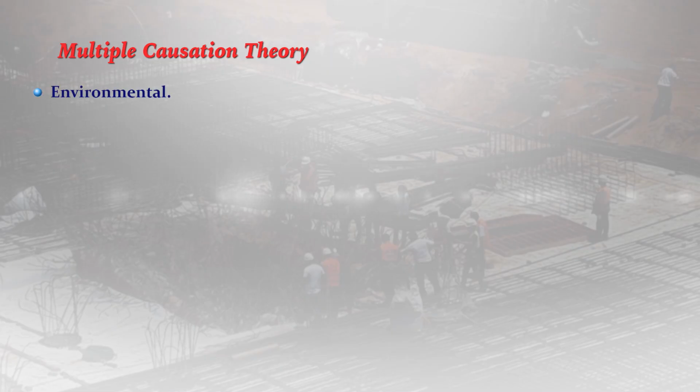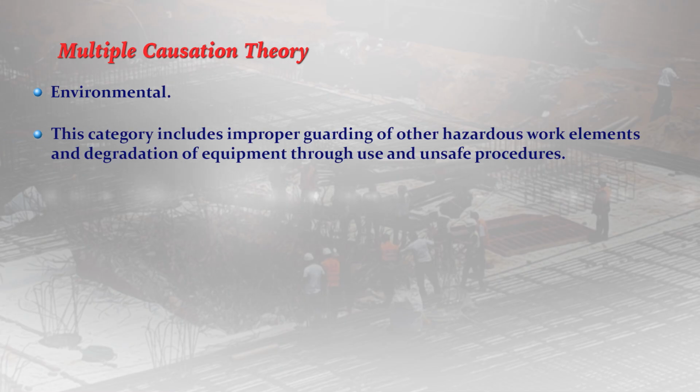Now we come to the second category, that is environmental factors. This category includes improper guarding of other hazardous work elements and degradation of equipment through use and unsafe procedures.